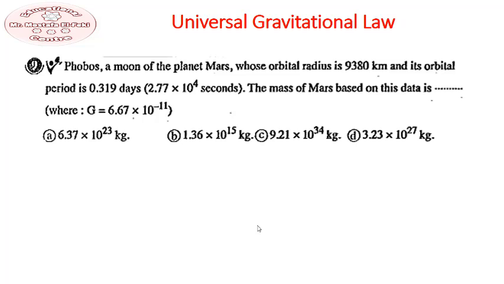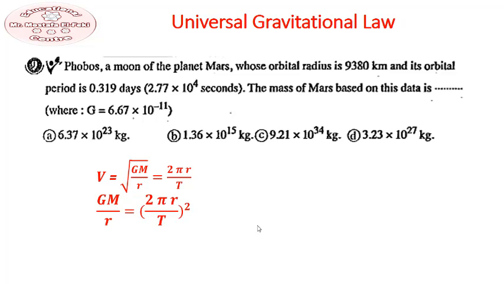Its orbital period is 0.319 days, which is equal to 0.77 times 10 to the power 4 seconds. Then the mass of Mars based on this data is. This is the relation. Squaring the two sides, then the mass equals 4 pi squared R cubed divided by G T squared.